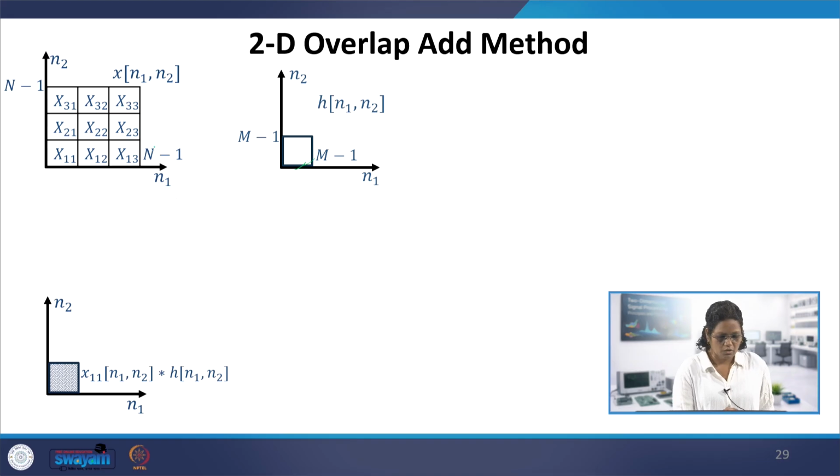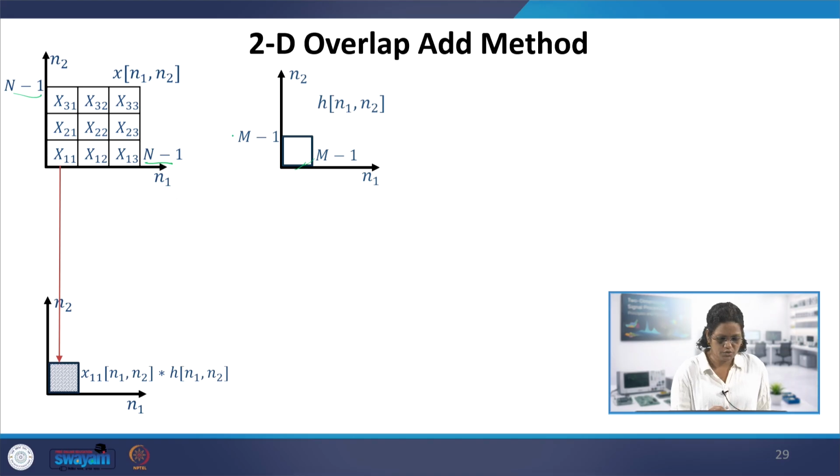You can see the length here is n minus 1 and n minus 1. This is a square image, that is, n1 and n2 are of equal length. Similarly the impulse response H is m minus 1 and m minus 1. In that case, first we take X, the small one, and H, and convolve these and get X of n1 comma n2 and H of n1 comma n2.